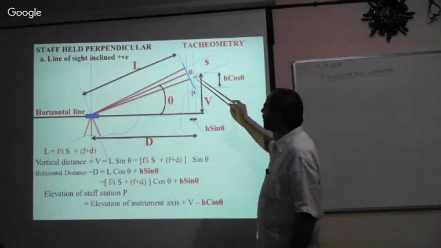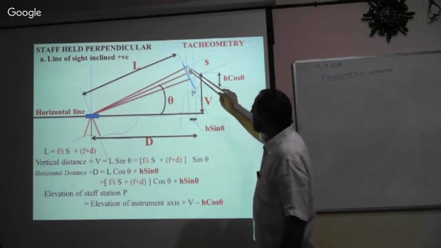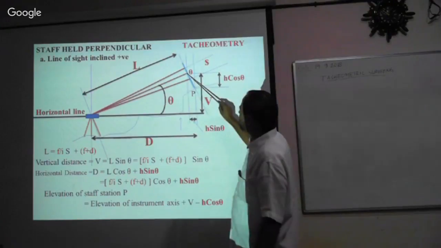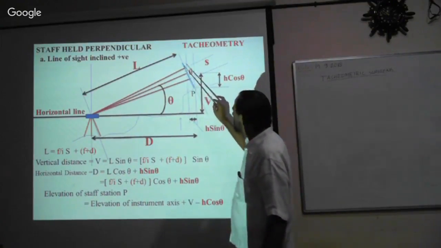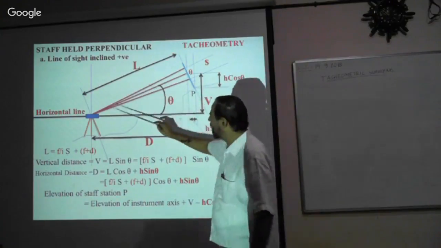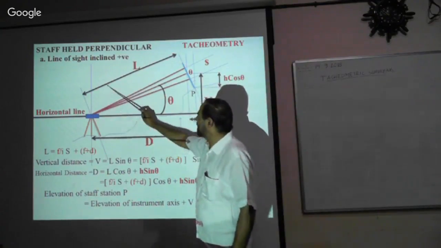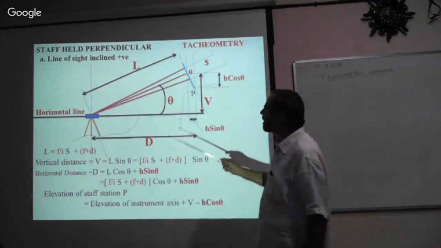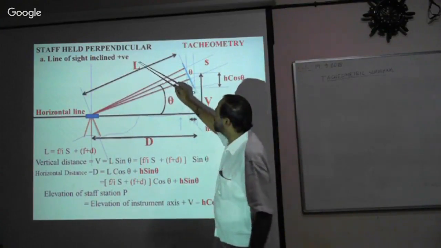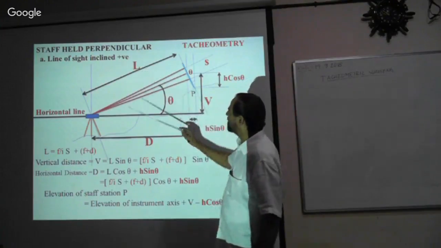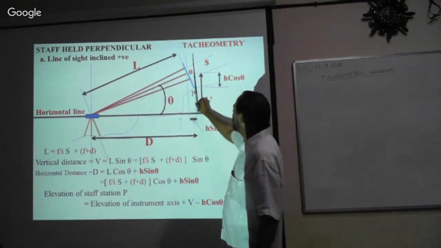Now this is the location where we need to calculate the elevation. This is L, the length from the staff station to the instrument axis. Now we can apply the normal case to find L. In the previous case, the staff was held vertical.